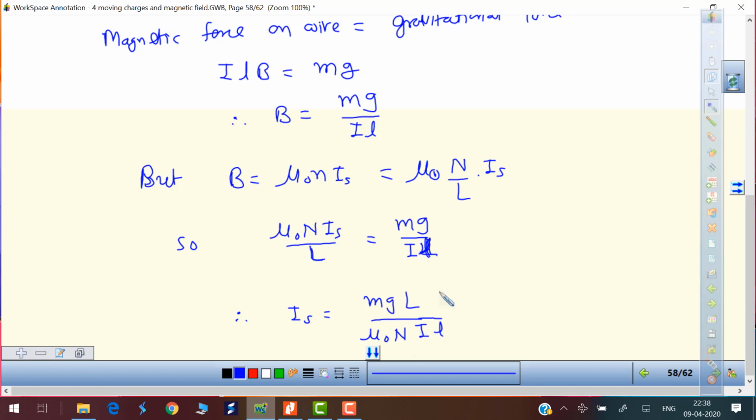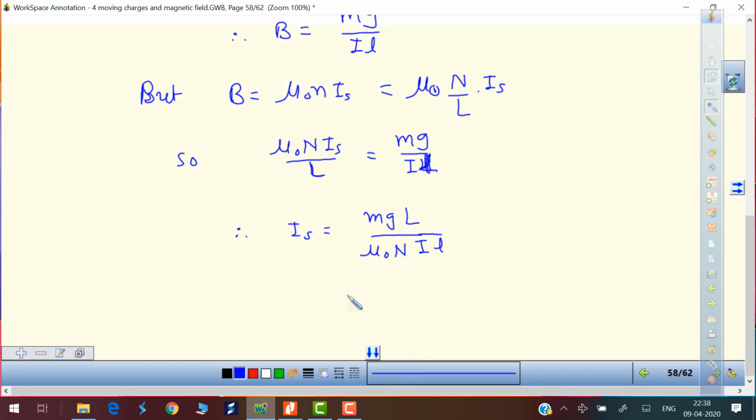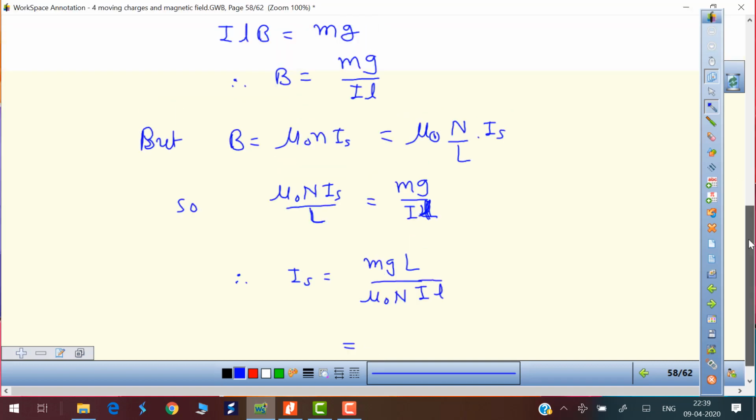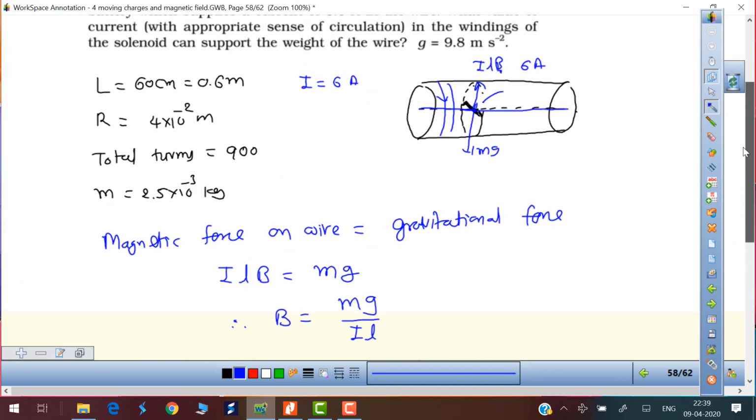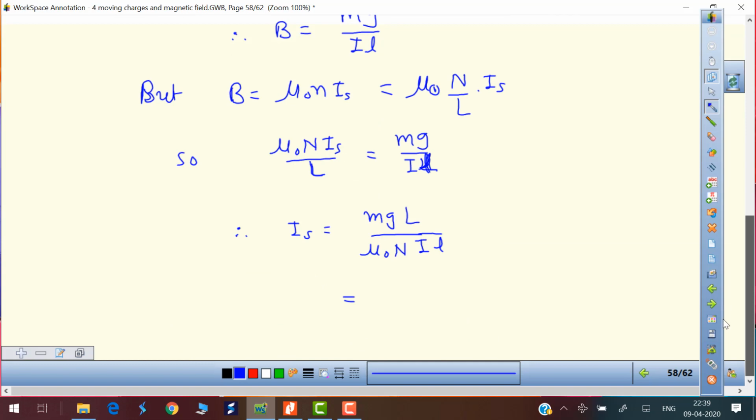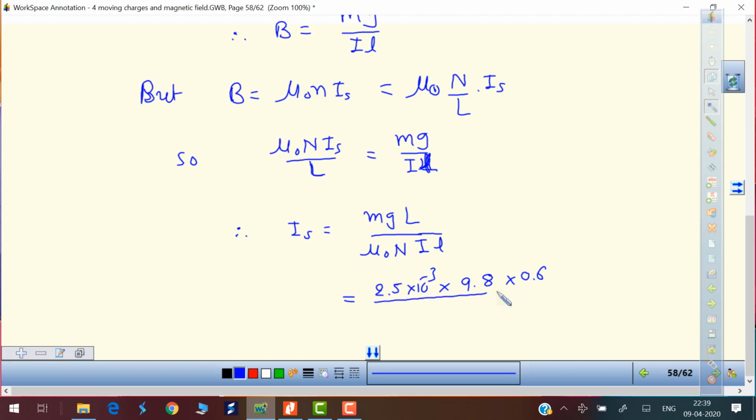So we put in all the values. The mass is 2.5 into 10 raised to minus 3. Gravitational acceleration is 9.8. The length is 0.6 because it's 60 centimeter. Mu 0 is 4 pi into 10 raised to minus 7. Number of turns is 900.